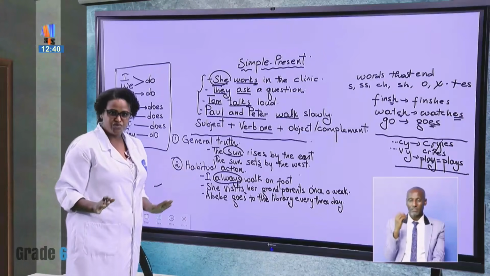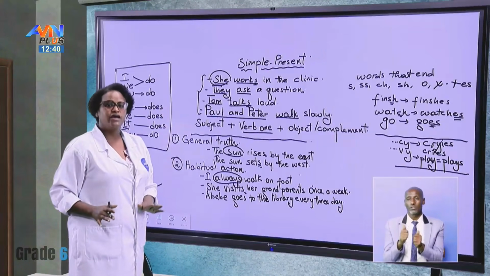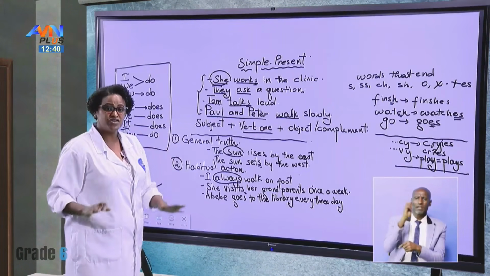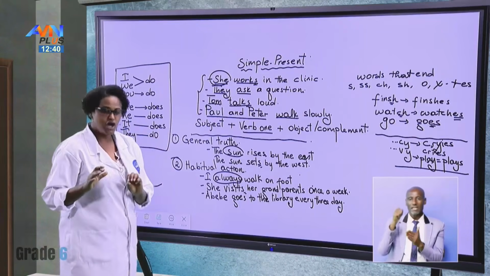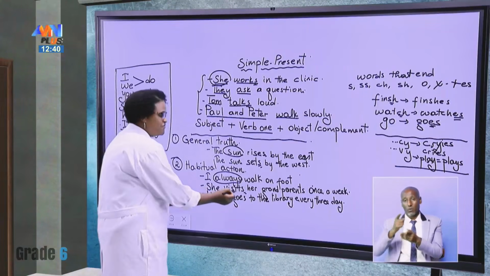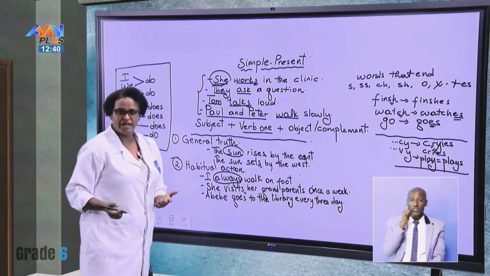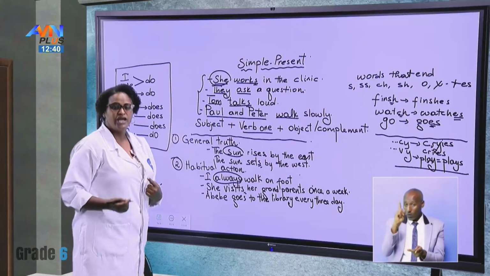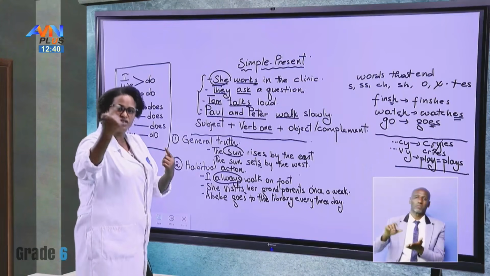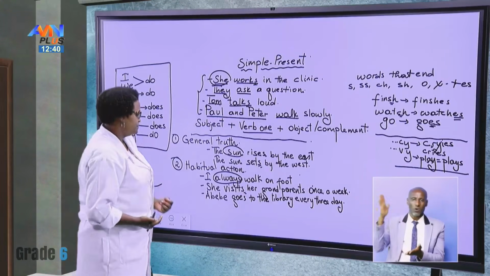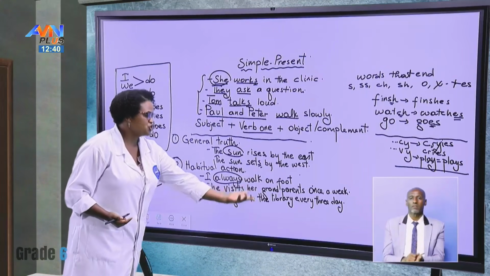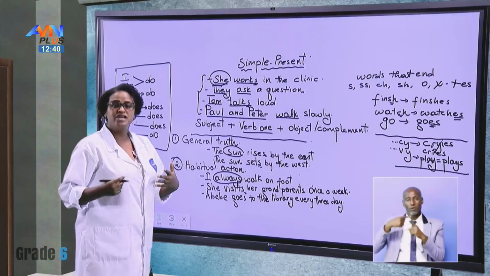100%, which means every day, 7 days in a week, 30 days in a month. All right? I always walk on foot. She visits her grandparents. When? Once a week. It can be Saturday, so every Saturday. It can be Sunday or every Sunday. A baby goes to the library every 3 days.